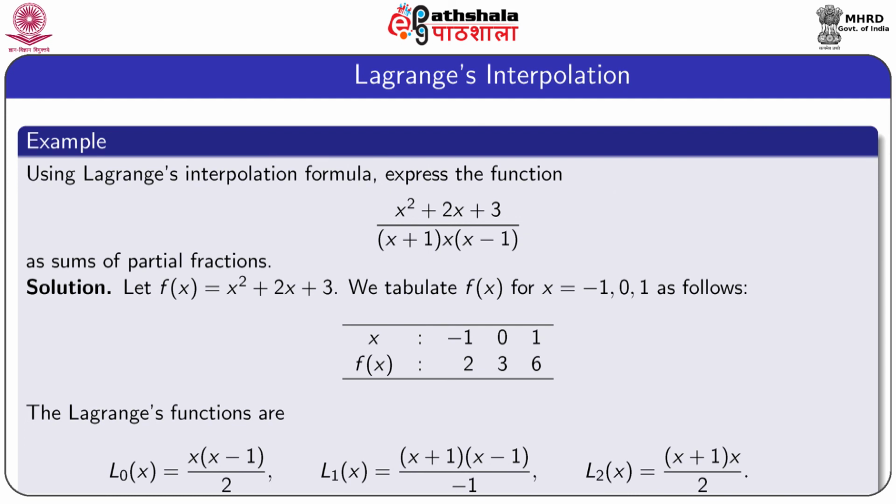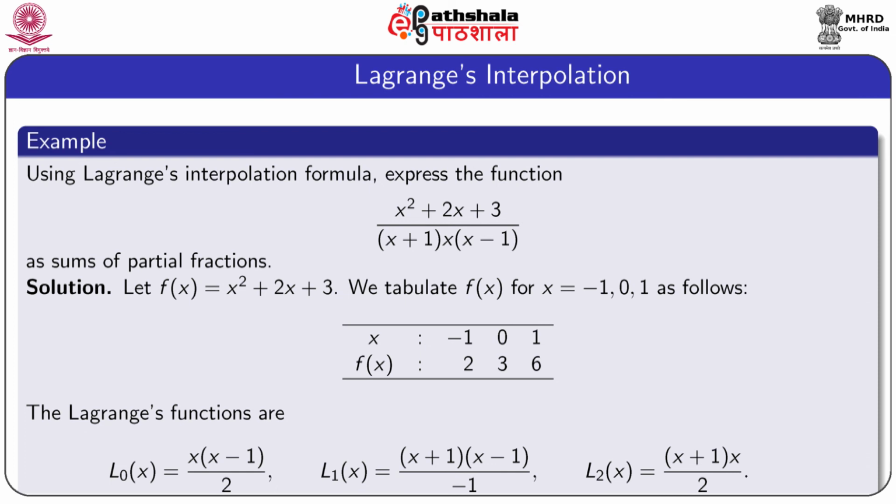So, the table is this one, minus 1, 0 and 1 are the values of x, and the corresponding values of f x are 2, 3 and 6. So, for this table the Lagrange functions are L0 x equal to x into (x minus 1) by 2, L1 x equal to (x plus 1) into (x minus 1) by minus 1, and L2 x equal to (x plus 1) into x by 2. These Lagrange functions are obtained by the definition of Li x.